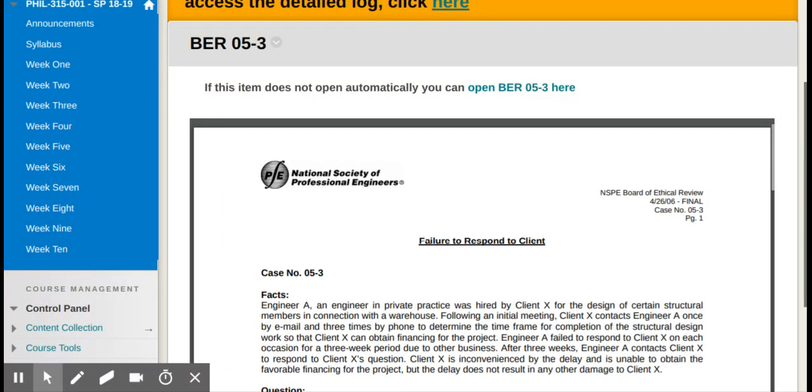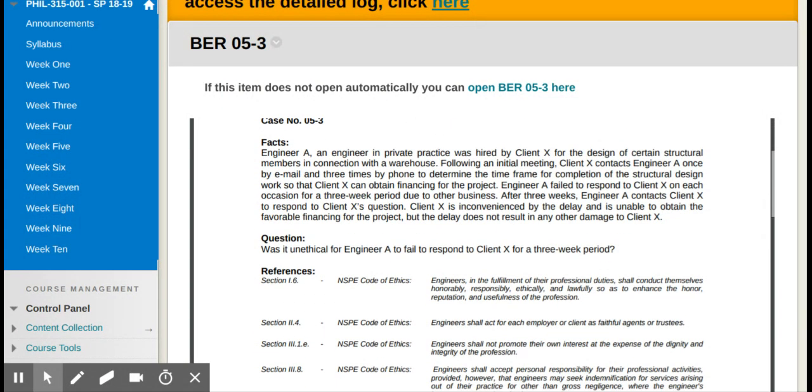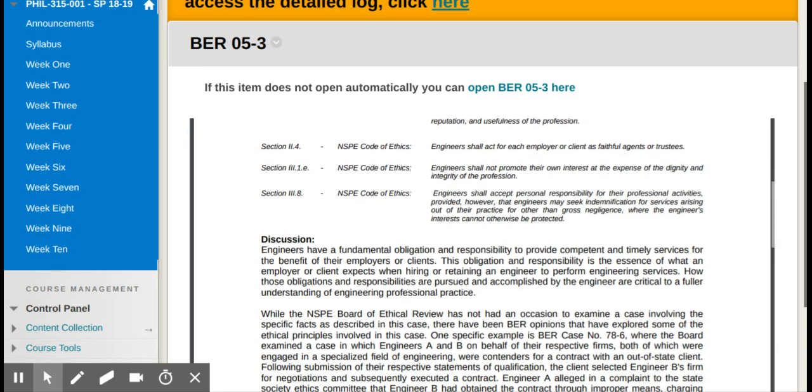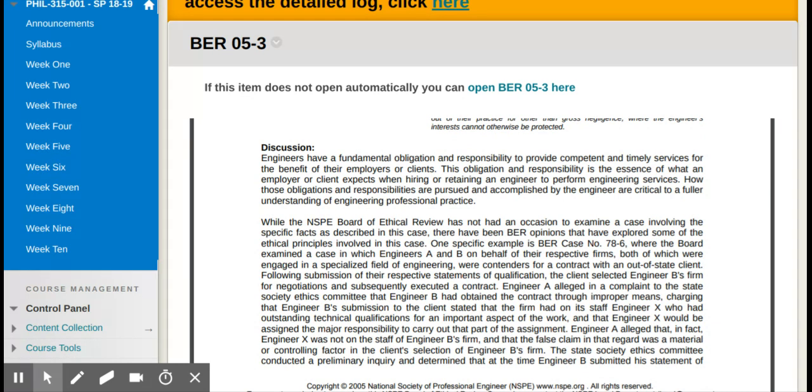Yes, the 05-3, interesting case, which we discussed pretty thoroughly, I think, having to do with an engineer just not returning the messages from his client. And again, I like looking at a case like this. It's not such a big deal, but it does point up the obligations that professionals have.